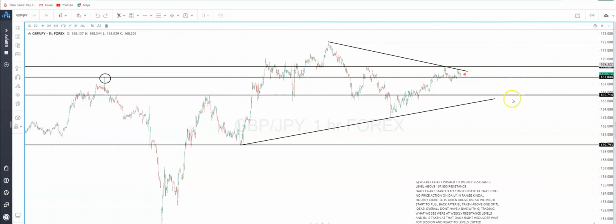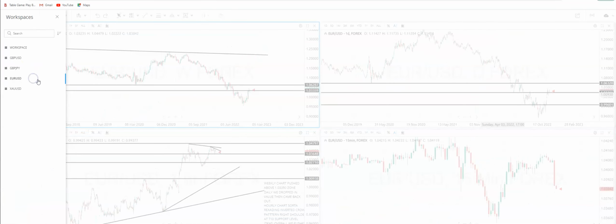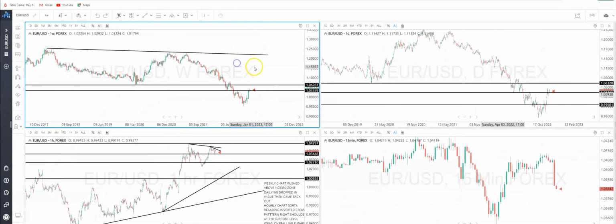So look for a session and react to what you see. You might see a little bull trap over here, start to pull back to one of the levels, but we don't have a bias in general. So guys, just wait for a session, react to what you see, measure your risk reward, get in and out, and reset. Okay, that is GBPJPY.